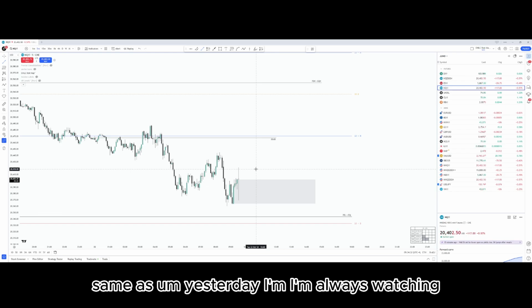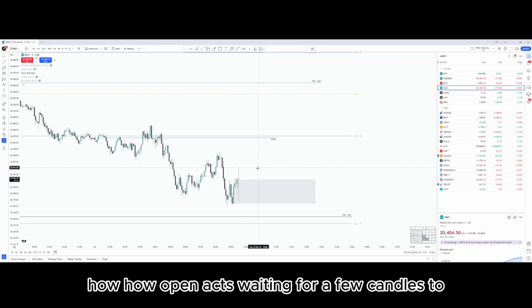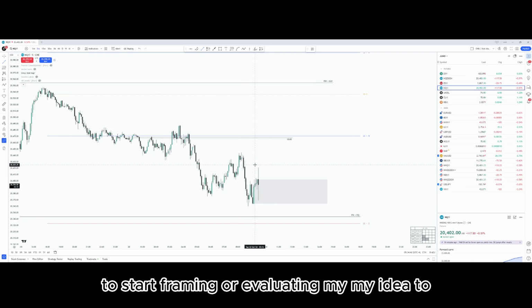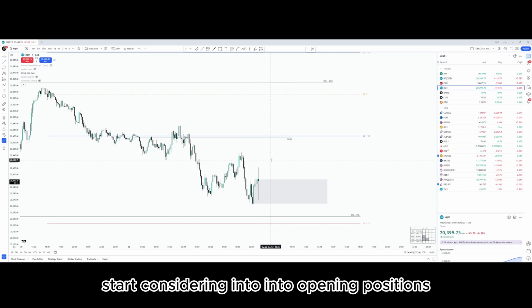I'm always watching how open acts, waiting for a few candles to start framing or validating my idea before considering opening positions.